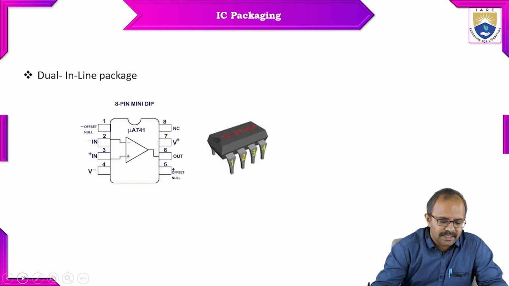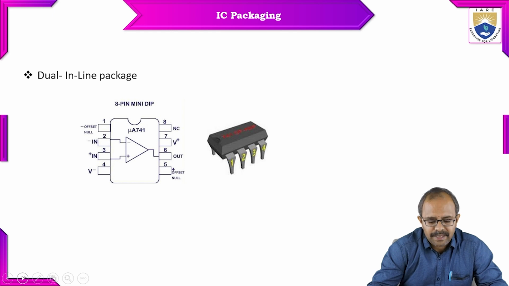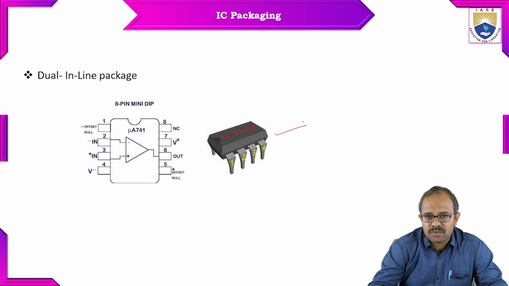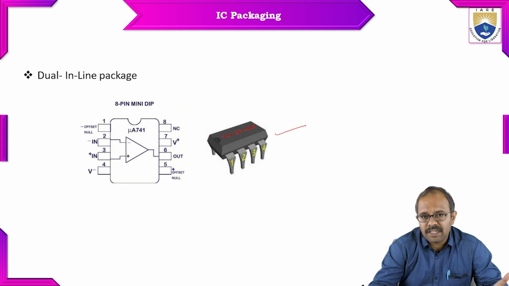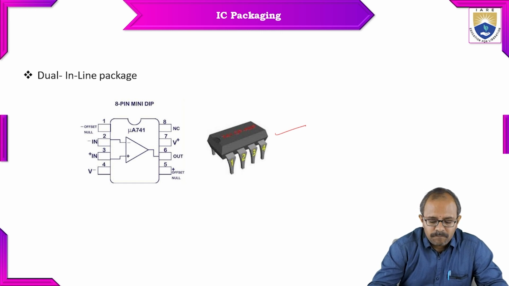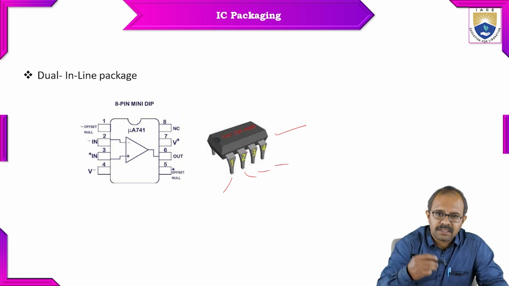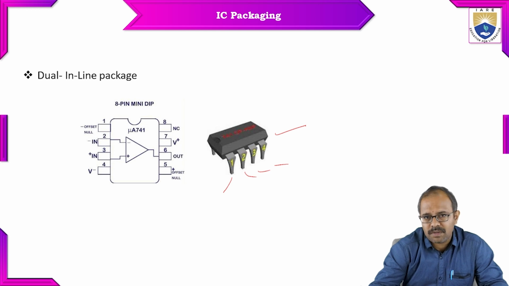Now see the DIP, dual inline package. These are the examples of how they look. In a dual inline package, everything is fabricated within this IC, and these are the pins. We can say pin 1, pin 2, 3 and 4. And similarly on the other side also you are going to have 4 pins.